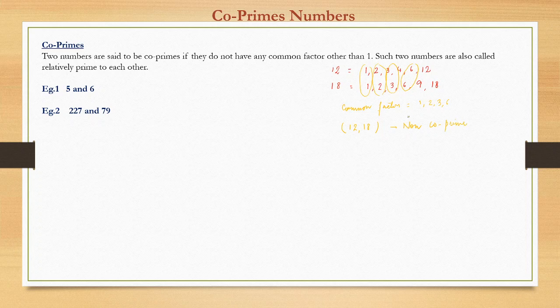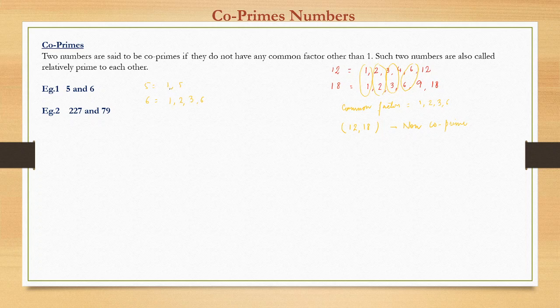If there is only one common factor and that is only the number 1, then only it's going to be a co-prime pair. So now if we see the example of 5 comma 6, the factors of 5 are 1 and 5, which is a prime number. The factors of 6 are 1, 2, 3 and 6, right?